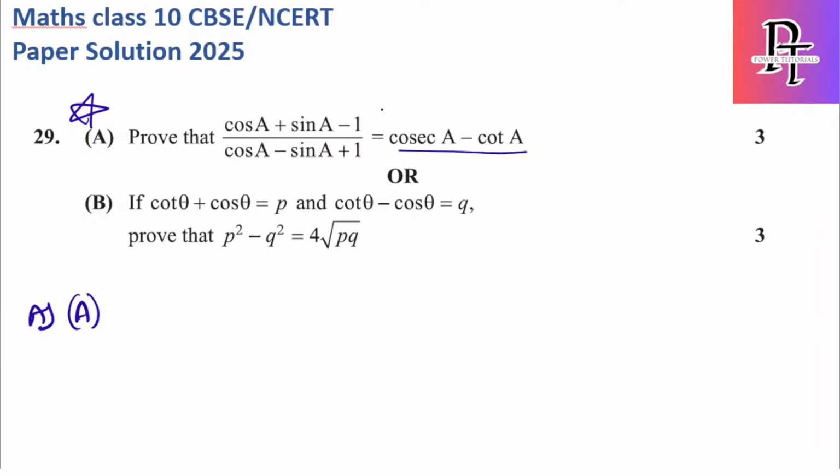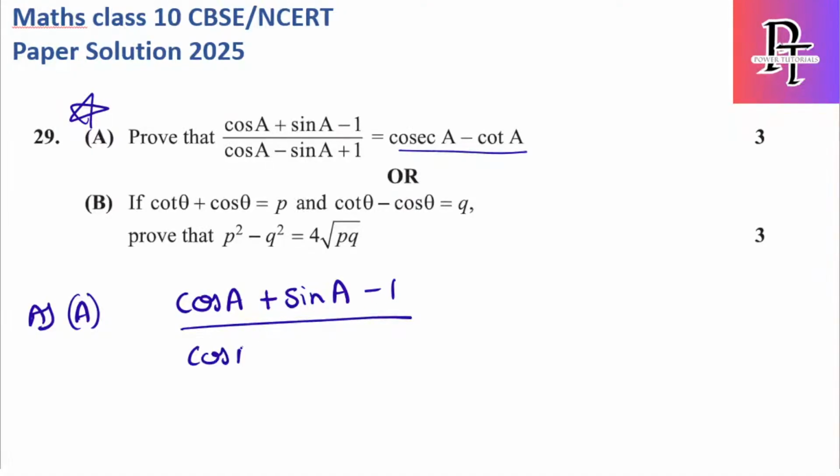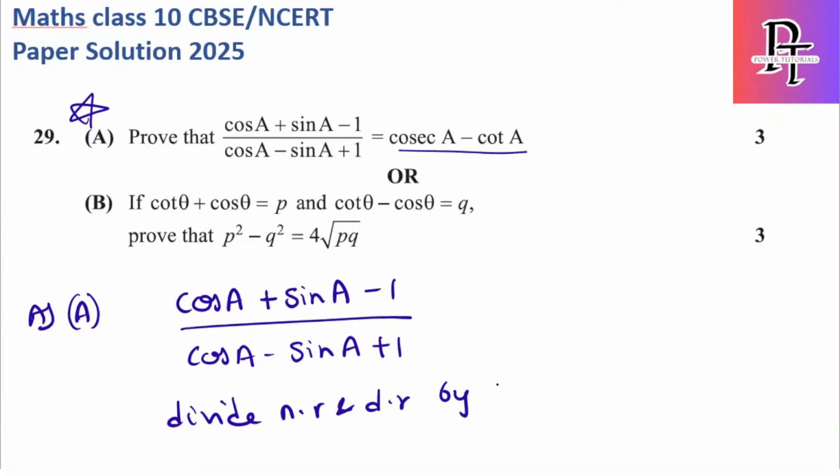So for this, I will simply divide numerator and denominator by sine. First I will write the question which they have provided, which is cos a plus sine a minus 1 by cos a minus sine a plus 1. So I'll write it here: divide numerator and denominator by sine a.